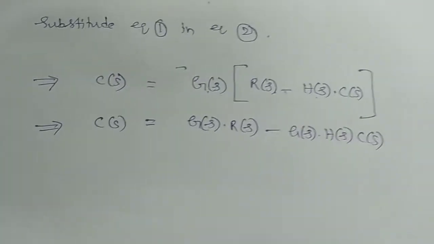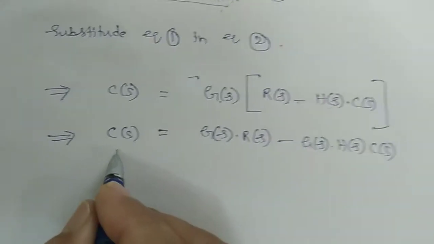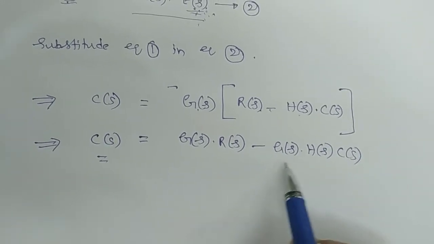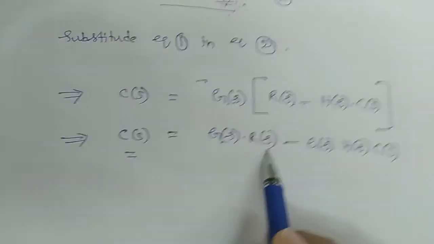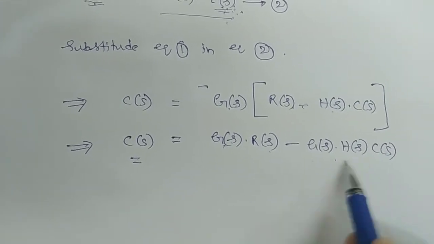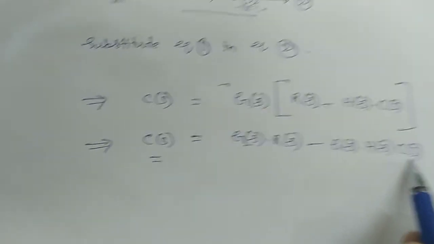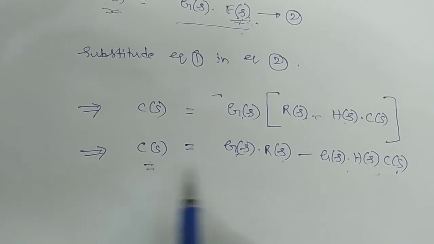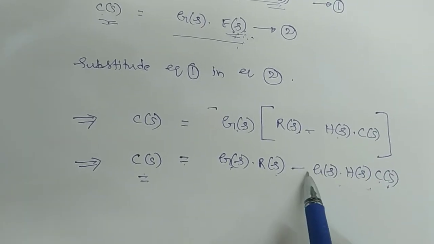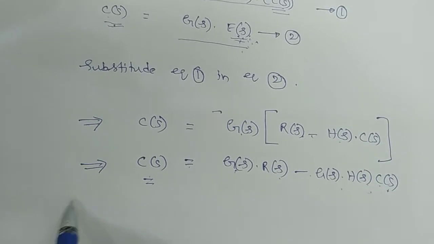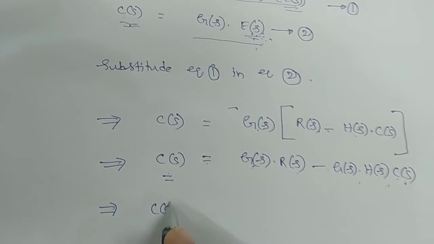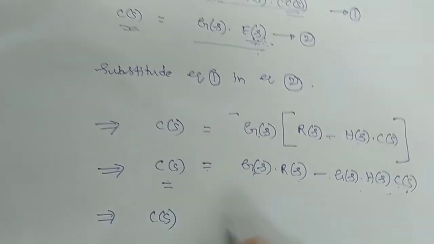Here on the left side you have C(s), and on the right side you have two quantities. One is G(s) into R(s), and the second quantity also has C(s). So this minus quantity you should bring to the left side, and if you bring it to this side it becomes plus.